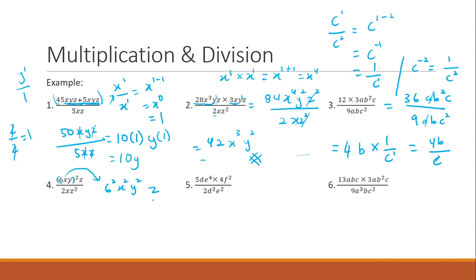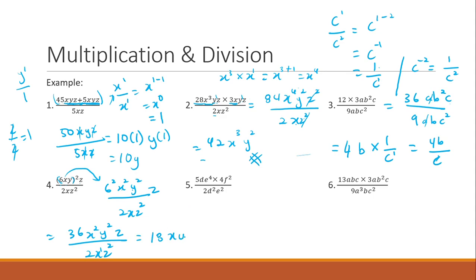And then z divided by 2xz square. So then 6 square, that would mean 36 x square y square z divided by 2xz square. So 36 divided by 2, we will get 18. Now, x squared divided by x, 2 minus 1 here, we will get x power of 1.